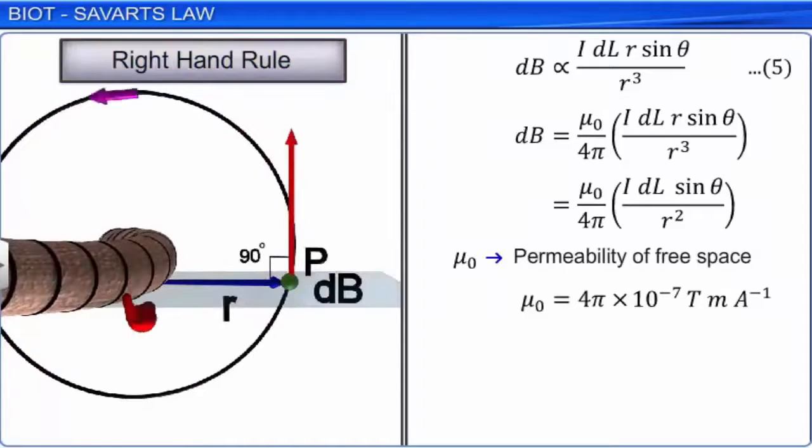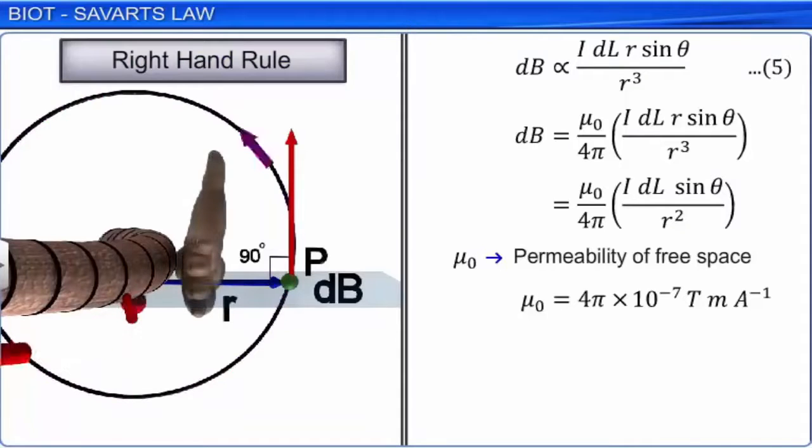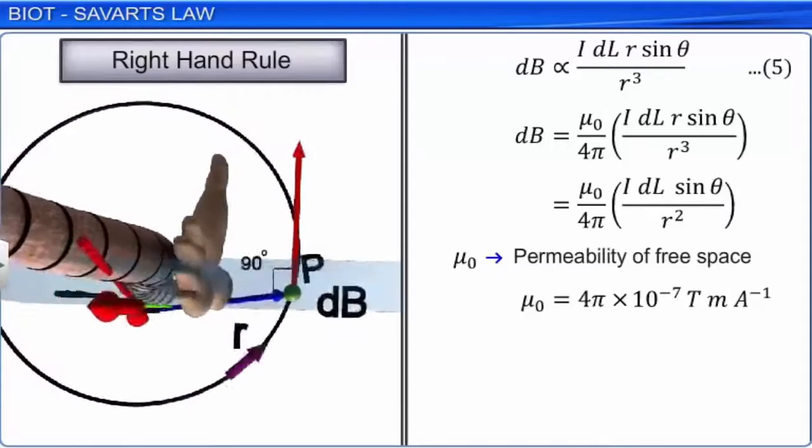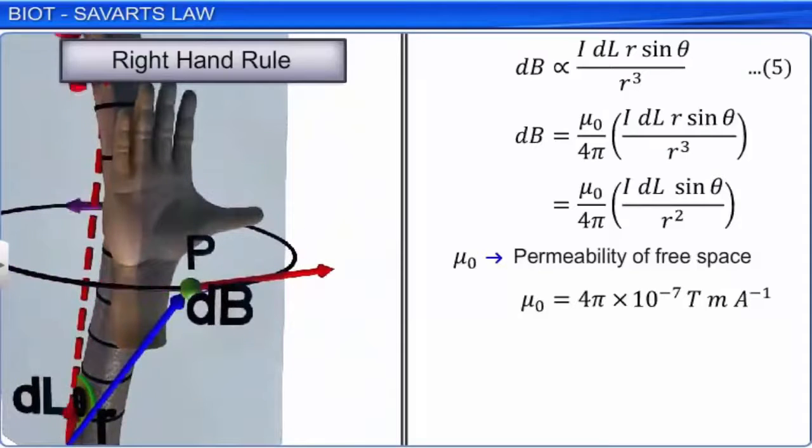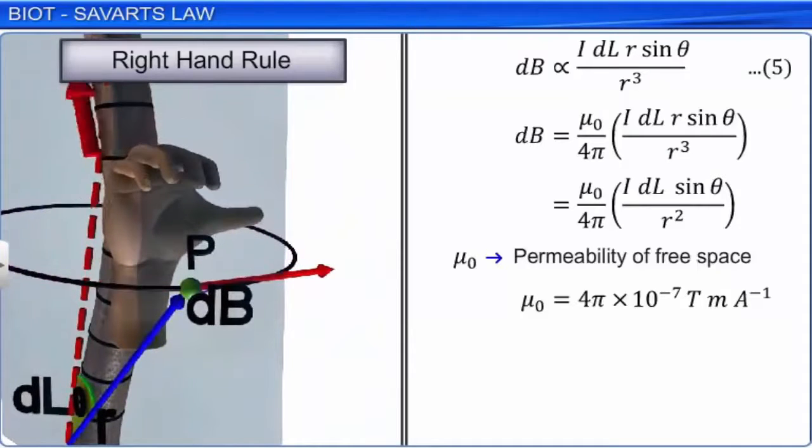According to the right-hand screw rule, if we place our stretched palm along the direction of dl, and we now curl our fingers in the direction of vector r, the thumb of the right hand held perpendicular to the stretched palm gives the direction of the magnetic induction dB at point P.